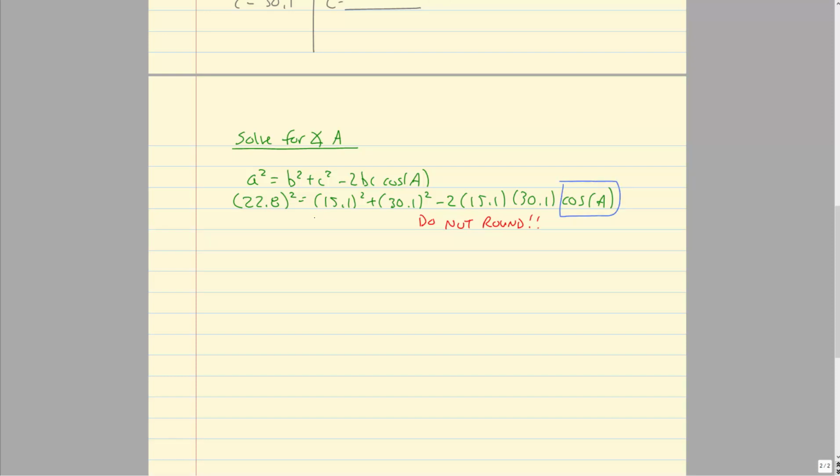So the way I'll do this is I'll subtract over the 15.1 squared, subtract over the 30.1 squared.